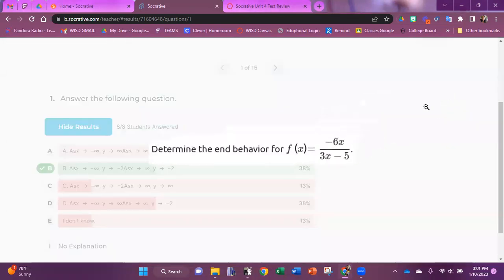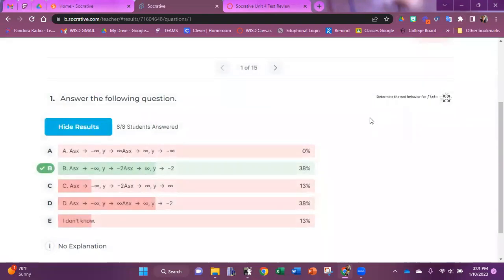You were supposed to write down the function and what you thought the answer was. This is 4.4. All right.